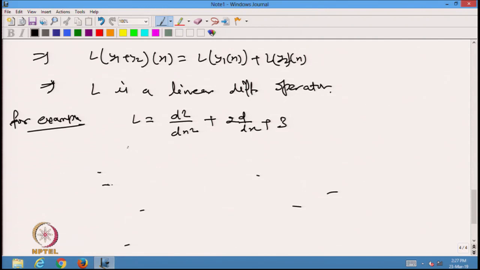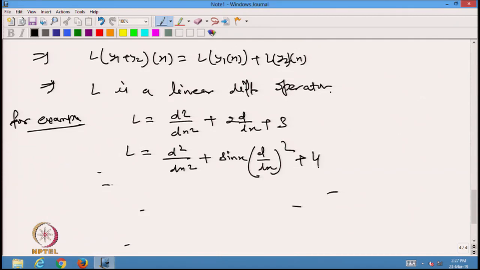Another one: I take d square over dx square plus (sin x d over dx) whole square plus 4.